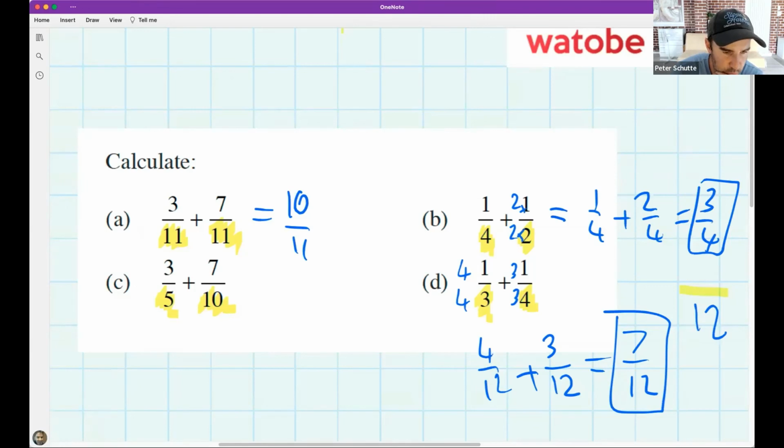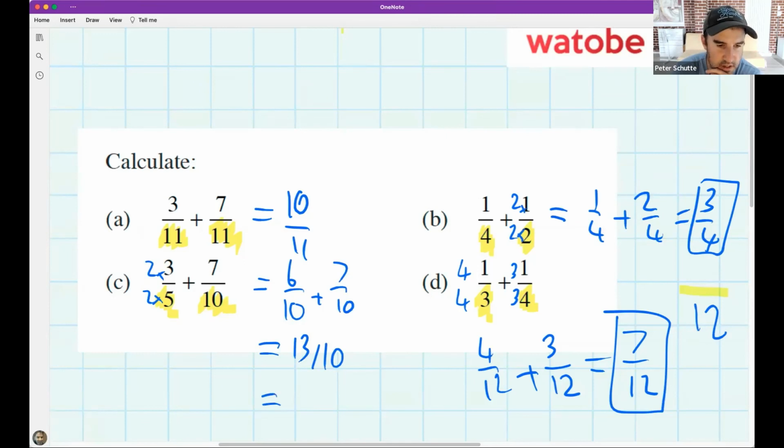And then for this one, I'm going a little bit quickly now. What do we have? We have 6 over 10 plus 7 over 10, which is 13 over 10. Maybe, how do you like to do? Like that.